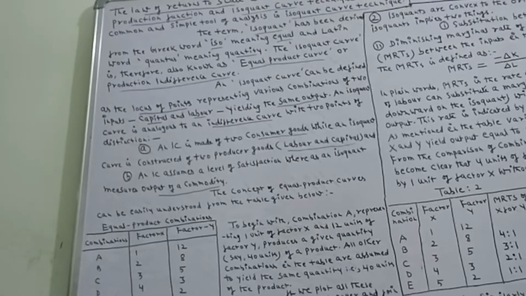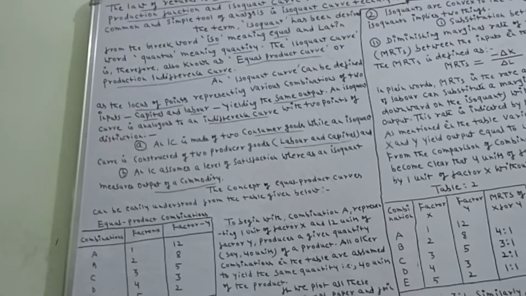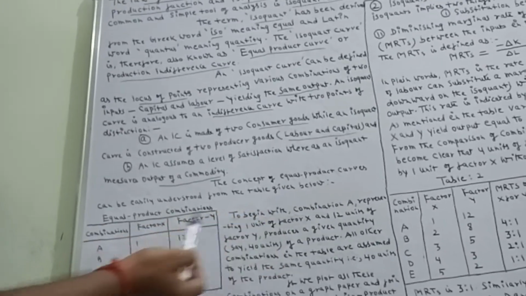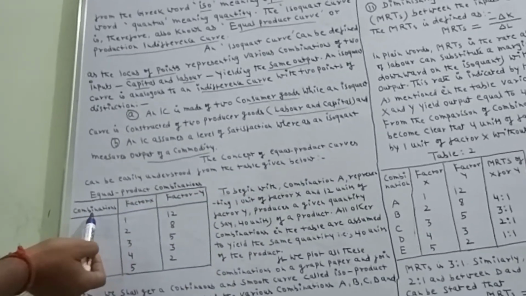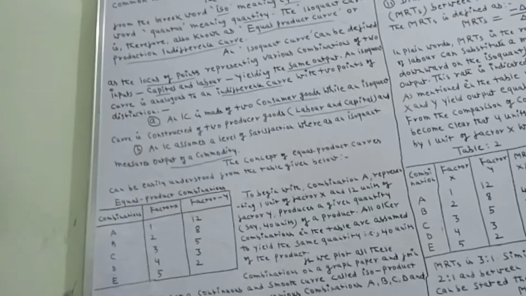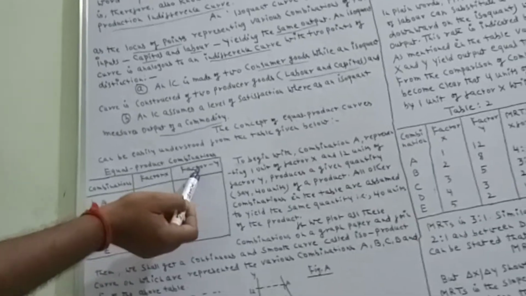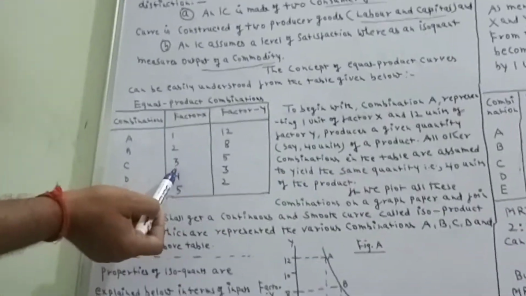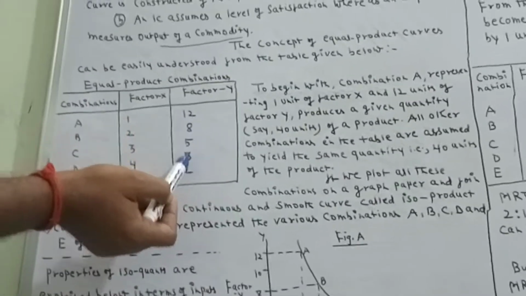Now the concept of equal product curve can easily be understood from the table given below. Here combinations A, B, C, D, E, factor X: 1, 2, 3, 4, 5, factor Y: 12, 8, 5, 3, 2.